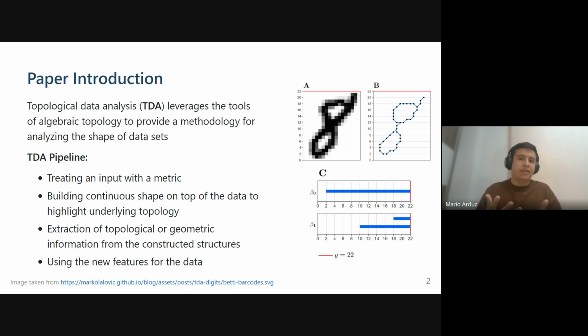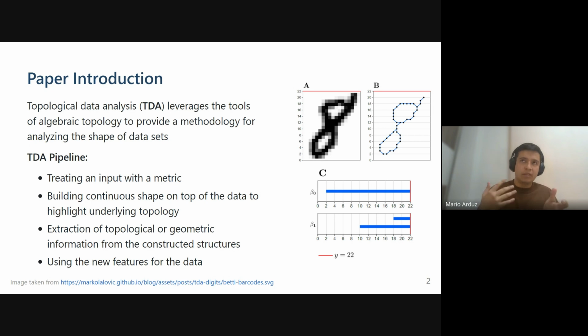So this would be the idea that we are going to have with TDA. We are going to get some input, and the definition of a metric is also important here, because the metric tells us how similar, how different, how close points are to each other. Based on the idea of how similar they are, we are going to build shapes on top of the data.